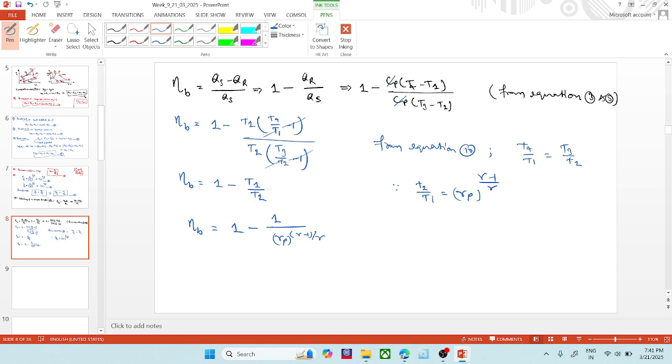Okay. So this expression would be my expression for the efficiency of an ideal Brayton cycle. We will note it as equation number 11.